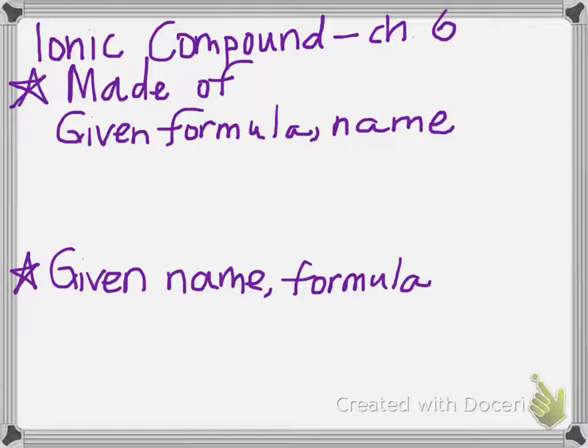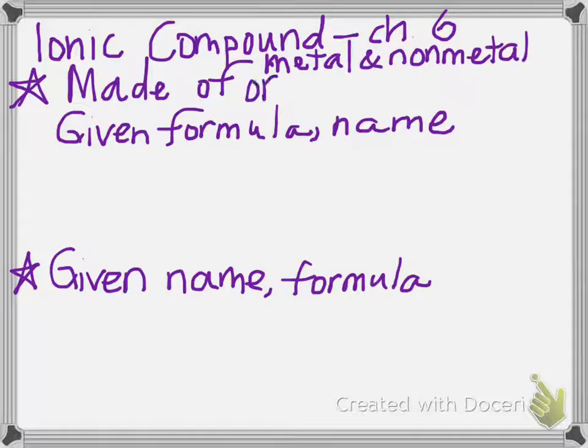Remember, we say that ionic compounds are made of a metal and a nonmetal. We also say, or remember, they have a polyatomic ion in them.